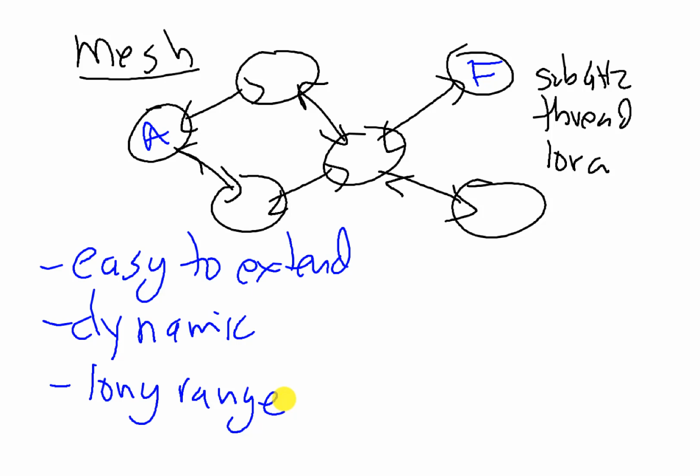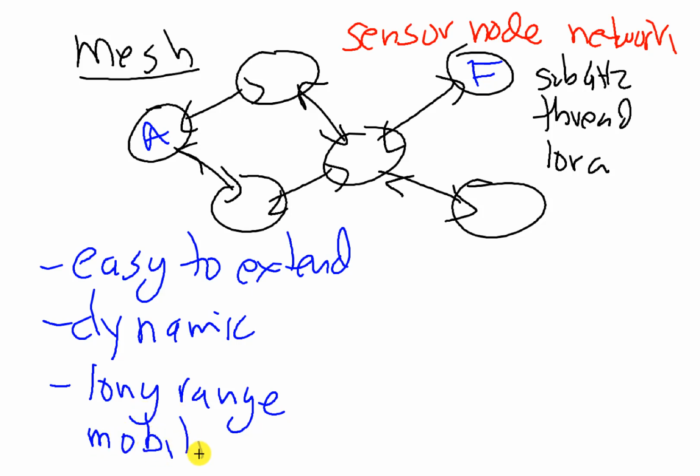Again, we can use this for sensor nodes as well, a sensor network. If you remember the definition of an IoT device, it's an embedded system that eventually connects up to the internet. A very typical use case in a sensor node network is to have your nodes all in the field, moving around. It's also mobile, which has the advantage of mobility.